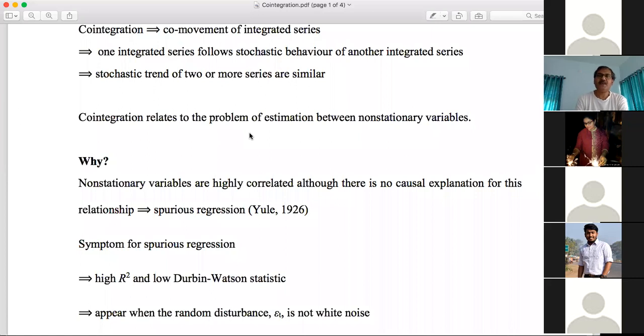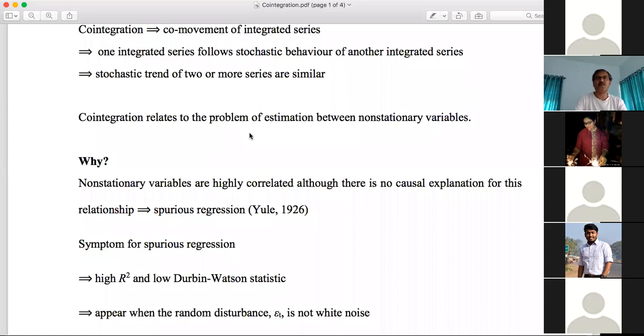Okay, similarly, we can use this concept in the case of a regression. If we try to estimate the relationship between consumption expenditure and car accident, so your logical proposition suggests there should be no correlation, or the regression coefficient between consumption expenditure and car accident should be 0. But if you estimate the relation by applying OLS, if you have a time series data, you will get highly significant value of beta hat.